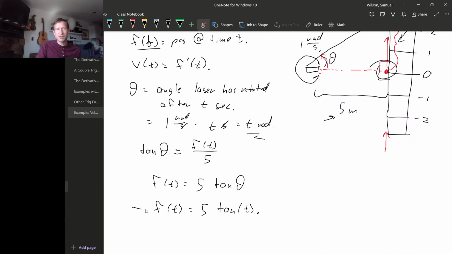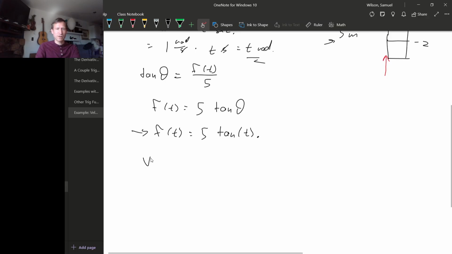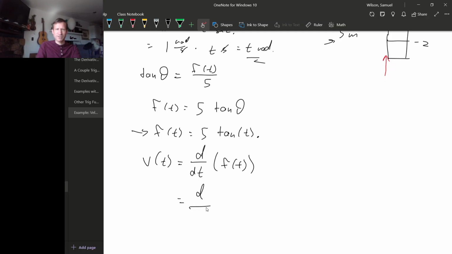All right, so finally we have our position function. Now we just need to differentiate it to find our velocity function. So our velocity function is the derivative with respect to t of our position function, so the derivative with respect to t of 5 times tangent of t.